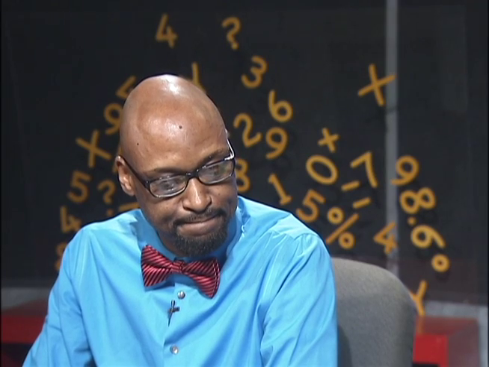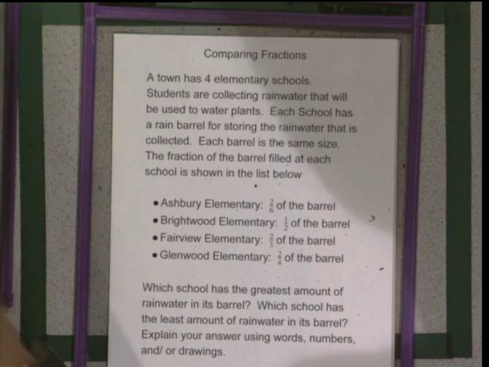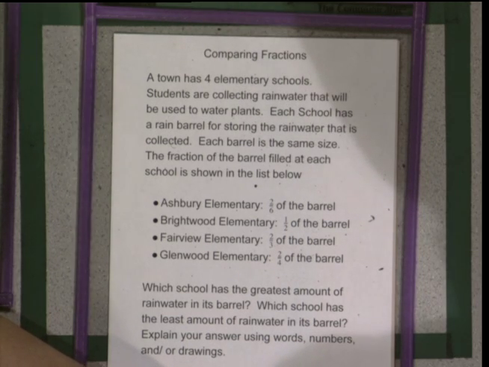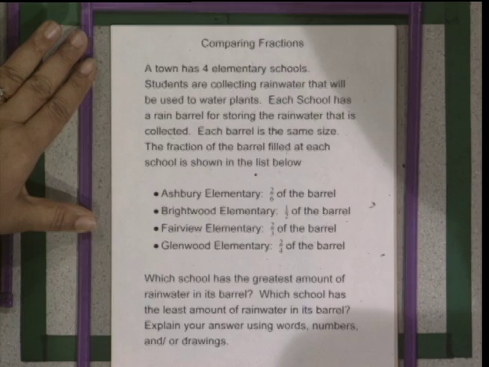All right, so here is our problem. We will do our first part of reading the problem to get a gist of what's going on. A town has 4 elementary schools. Students are collecting rainwater that will be used to water plants. Each school has a rain barrel for storing the rainwater that is collected. Each barrel is the same size. The fraction of the barrel filled at each school is shown in the list below.